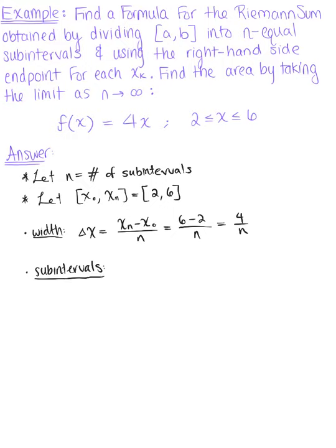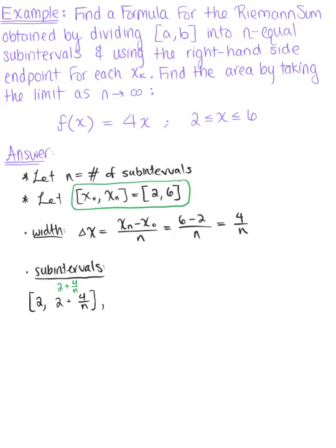So again, we are dividing up our given interval here, 2 to 6. Our first subinterval starts at 2, and then we think, all right, 2 plus the width, which is 4 over n. Since this isn't super pretty, we're just going to leave this. You could find a common denominator if you want, but I'm going to leave it like this for now.